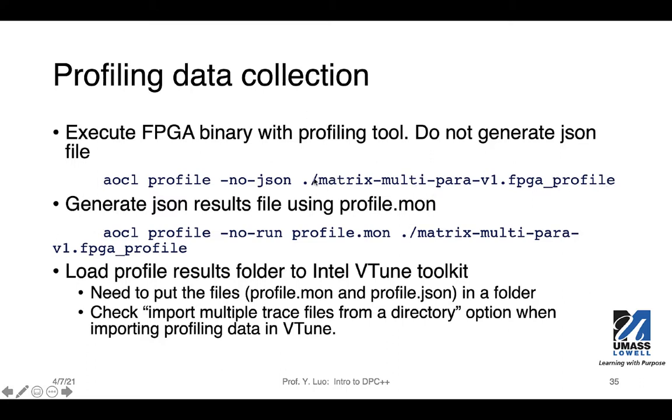In this way, we will execute this FPGA binary and collect the performance data at the end of the execution. We will execute this binary in a profiling mode, so the performance of this binary will be collected through the performance counters. And these counters will be stored in a file called profile.mon at the end of the execution.